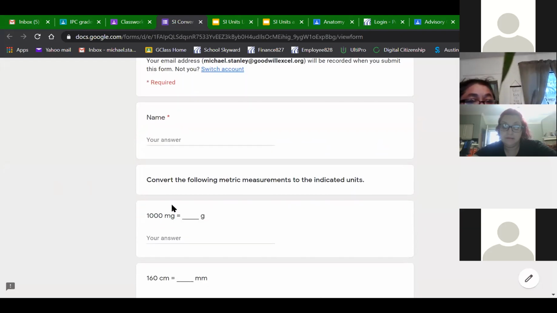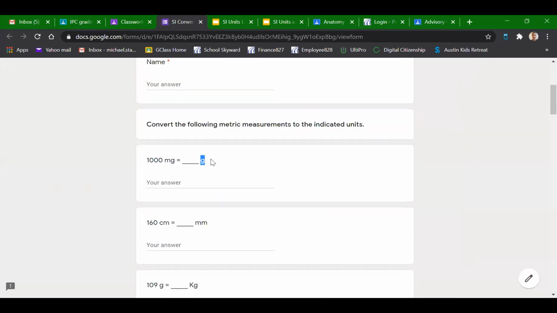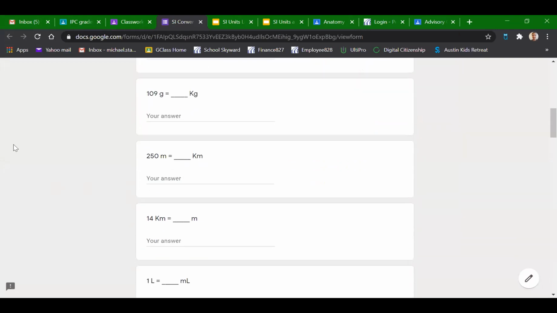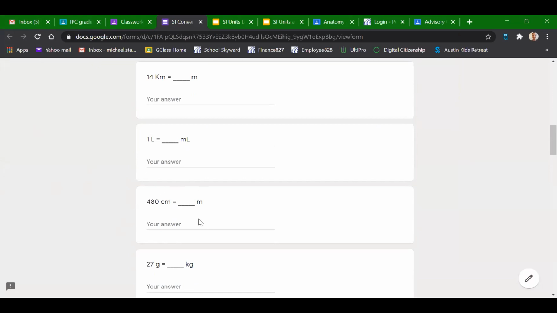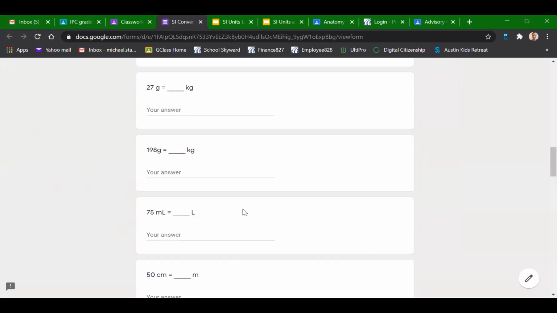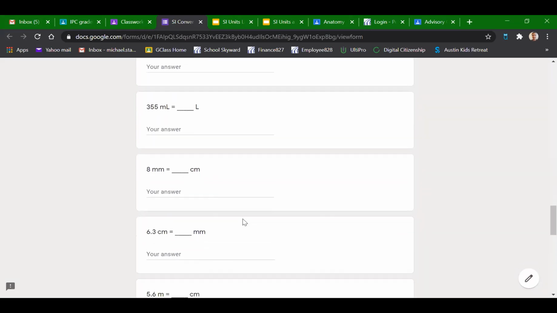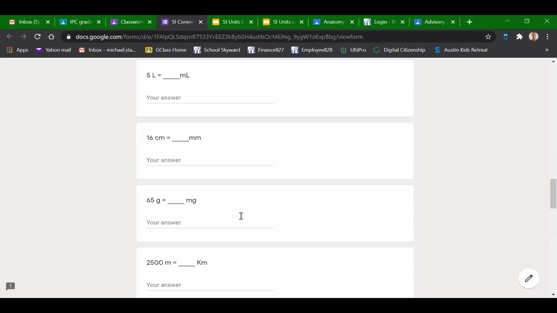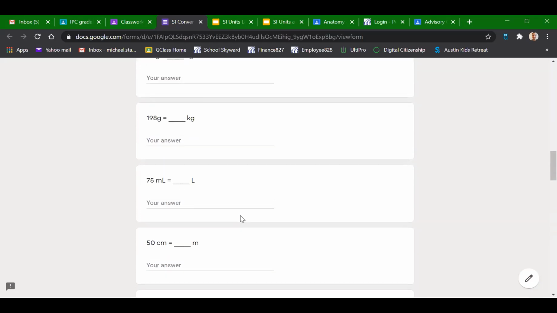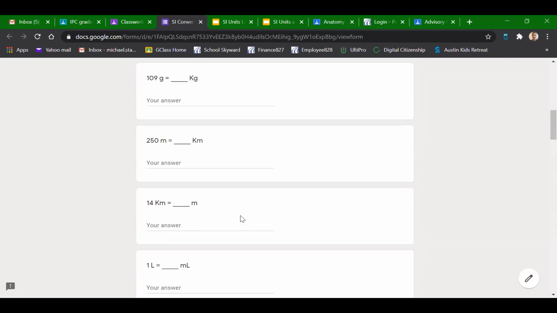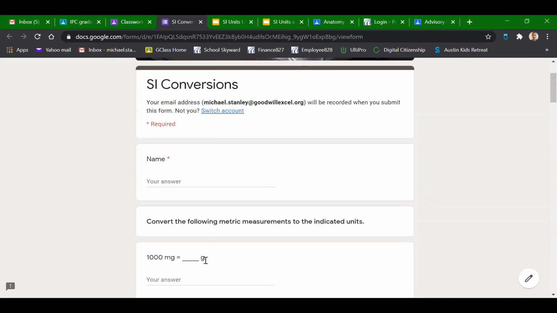And you just have to convert from the given value to the new one. So in this first example, from milligrams to grams, or from meters to kilometers, or from centimeters up to meters. There's a whole bunch of ones like these that might take you a couple seconds at first, but as you get more comfortable with it, you should be able to use that ladder and move those decimal places fairly quickly.